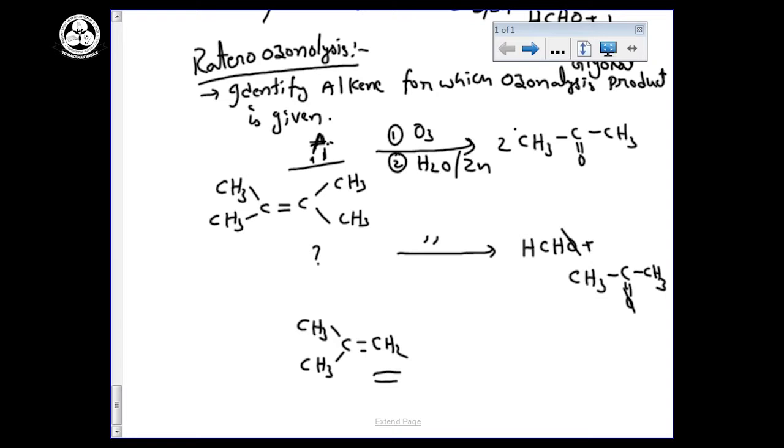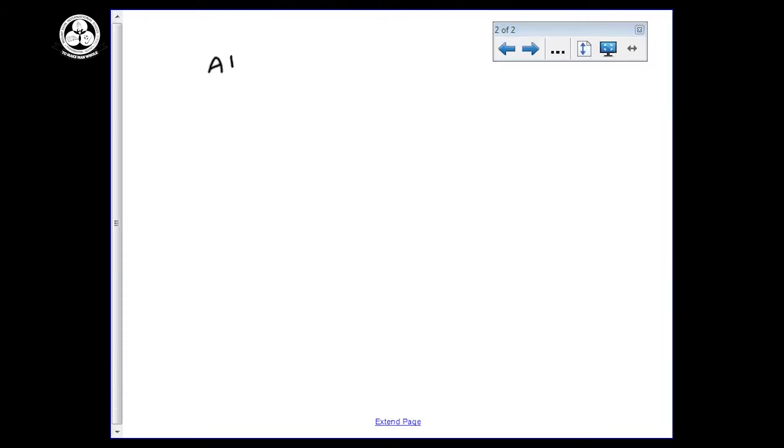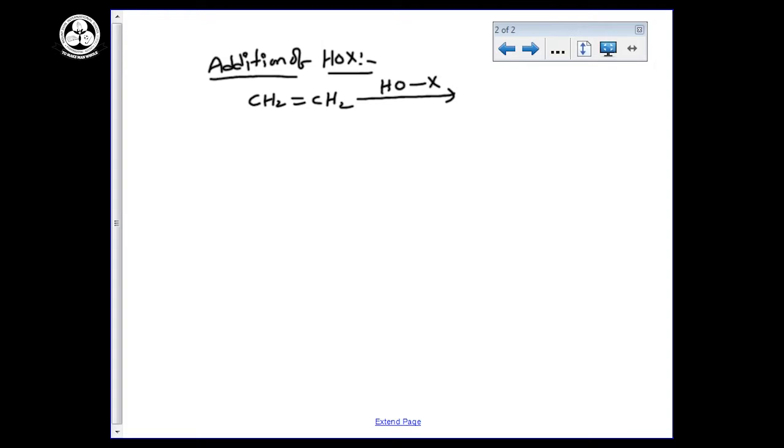Addition of hypohalous acid, HOX, to CH2 double bond CH2. I am adding HOX. Generally we are filling halogens. X is, already I told you, HOX. Generally you can consider HOCl or HOBr or HOI, but majorly we can see HOCl and HOBr.